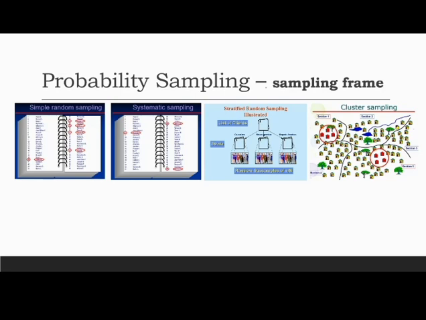Probability sampling will always have a sampling frame. A sampling frame is just the jargon for a list.